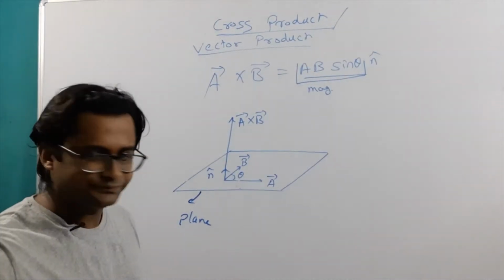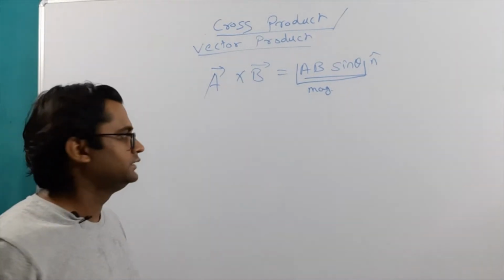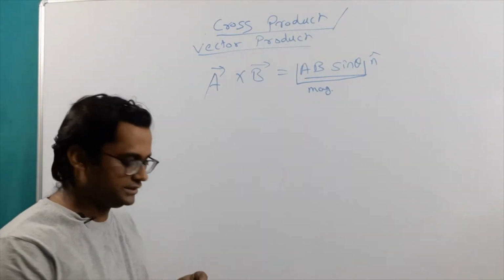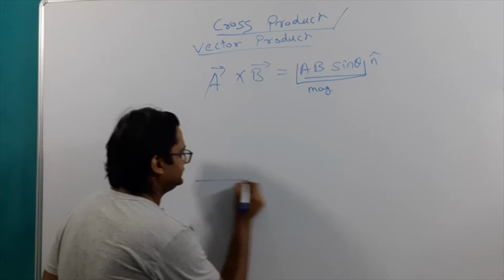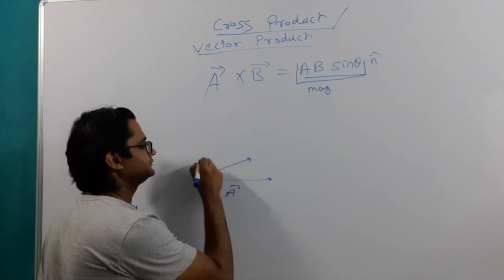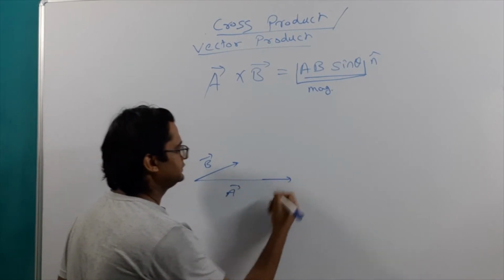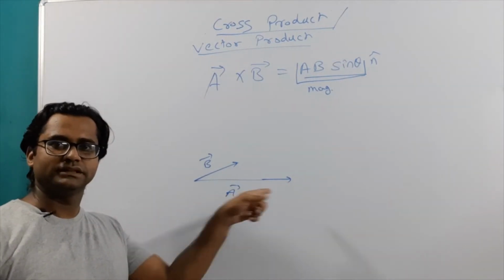So now, there is one more situation here. This is my A vector, this is my B vector. A vector is like this, B vector is like that.